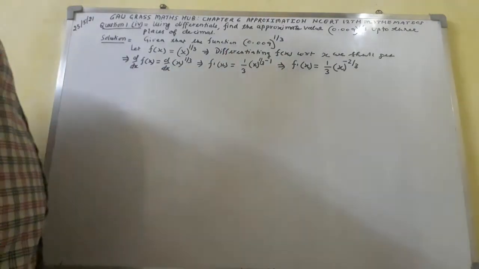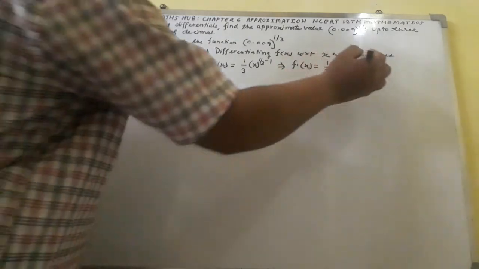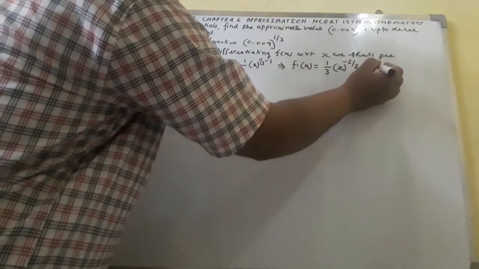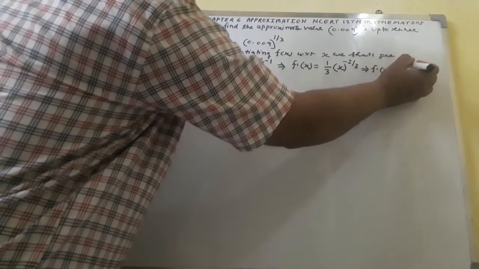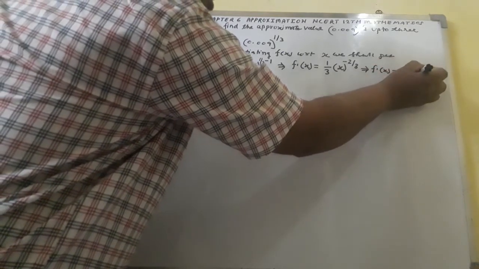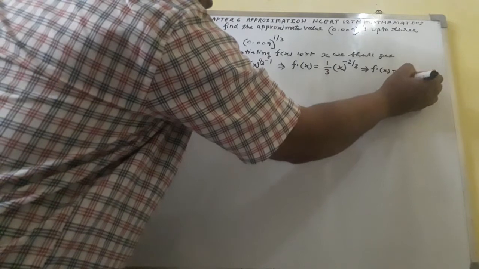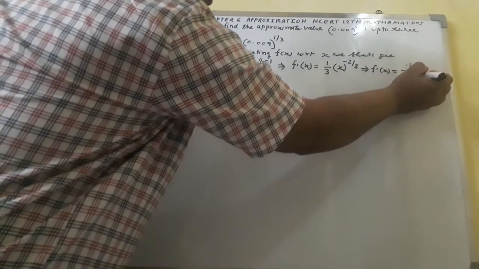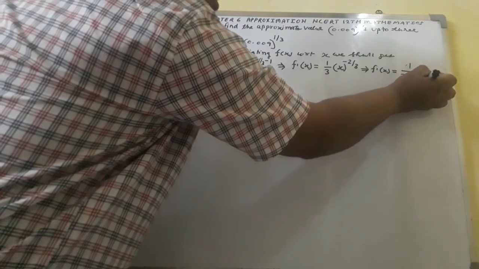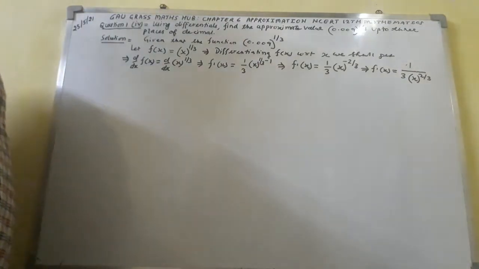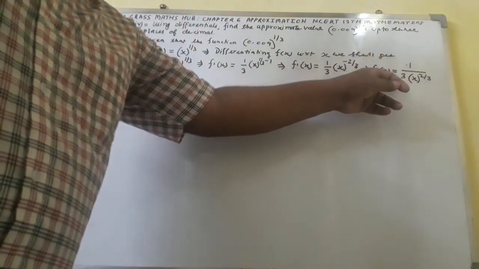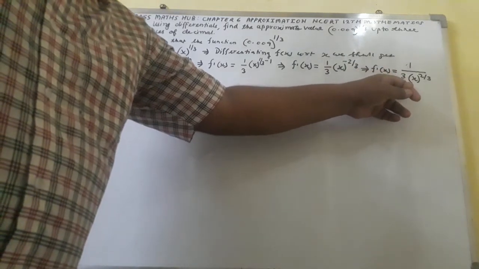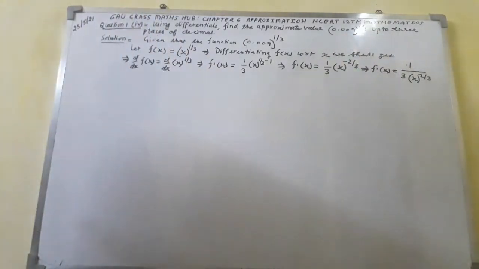So f dash of x comes out to be 1 over 3 x raised to the power 2 over 3. F dash of x equal to 1 over 3 dot x raised to the power 2 over 3. This is correct.